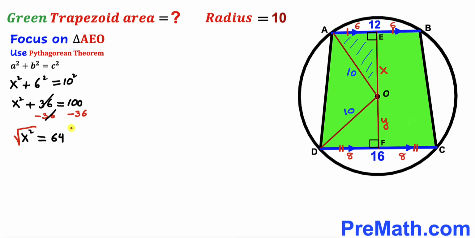Taking the square root on both sides, our x value turns out to be positive 8 units.